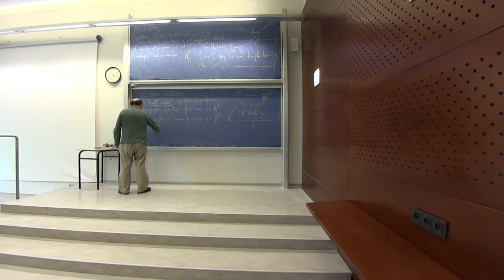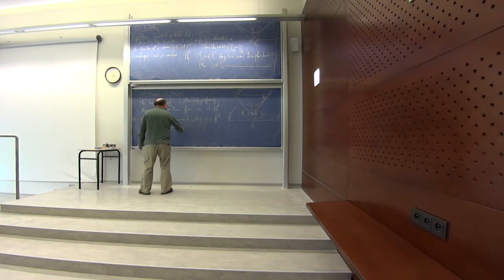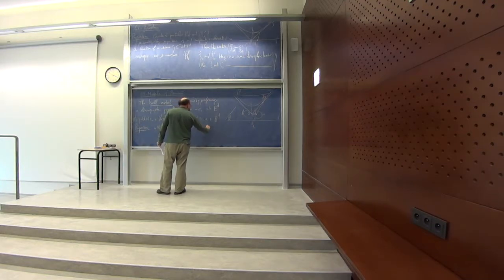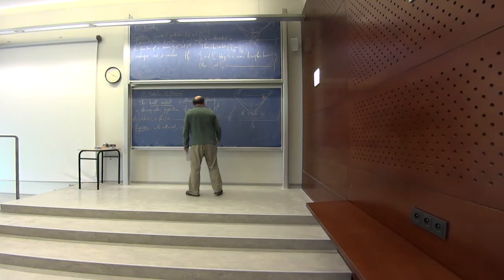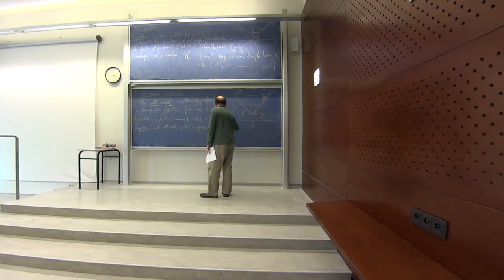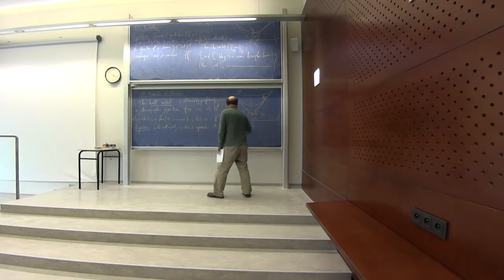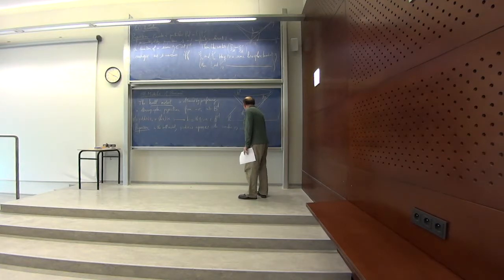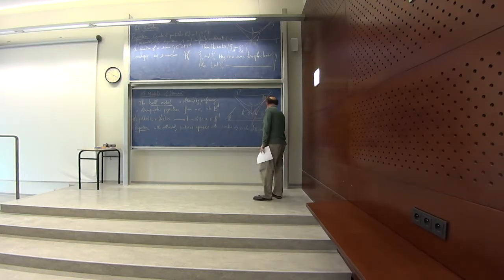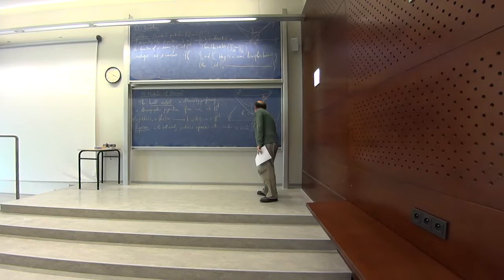And the result is that in the ball model, geodesics appear as either diameters or circles orthogonal to the boundary SD-1, intersected, of course, with BD.